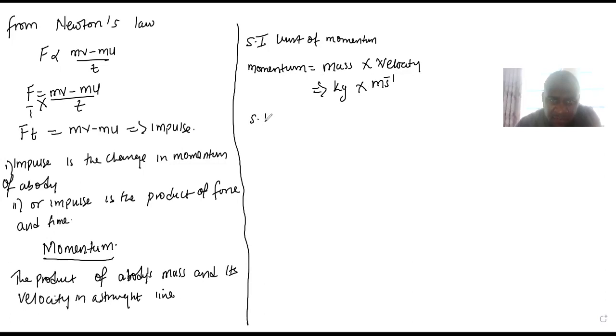So the SI unit for momentum is kilogram meters per second. Now I wanted to state the principle of conservation of momentum.